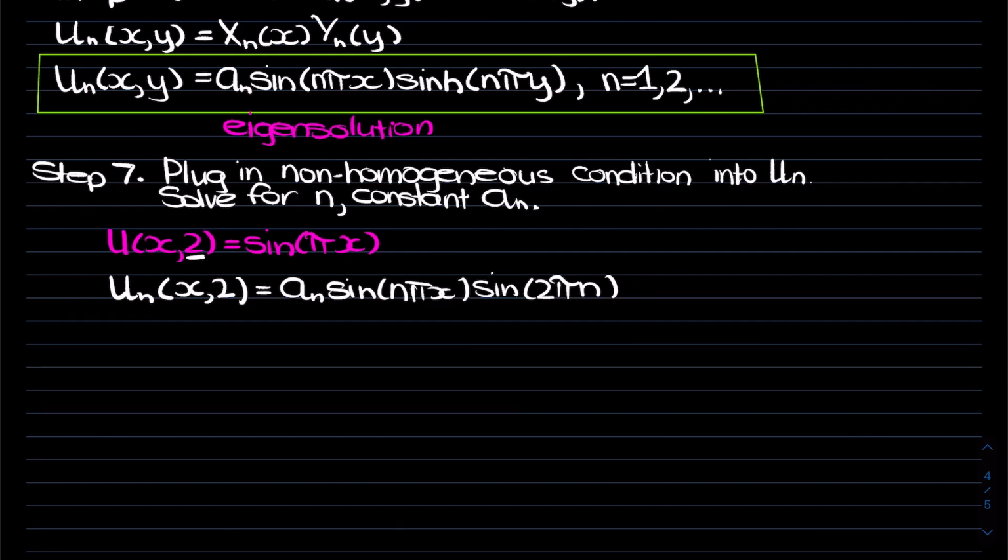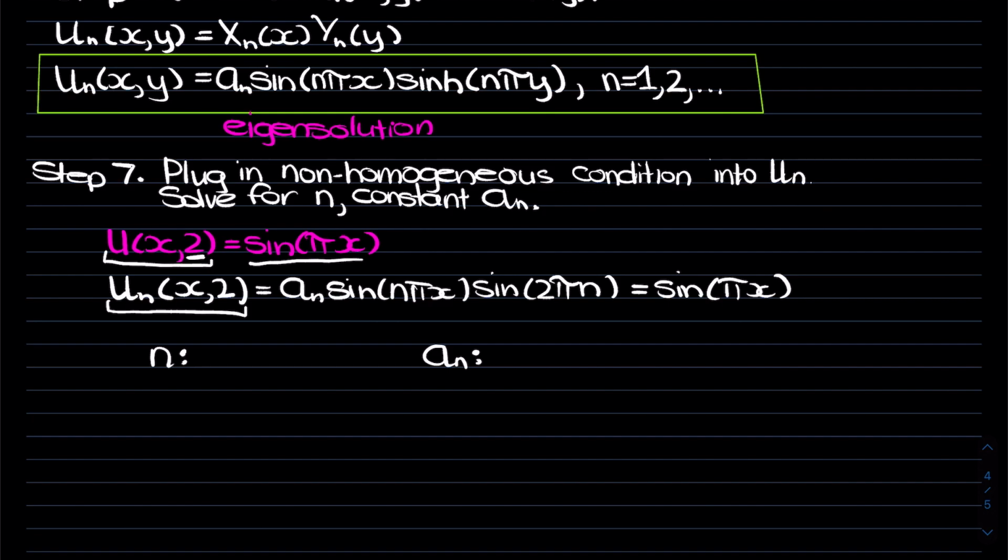Right, and then we're going to set this equal to what this is equal to, sine pi x. Now what we need to do here is solve for the n as well as our constant a of n.